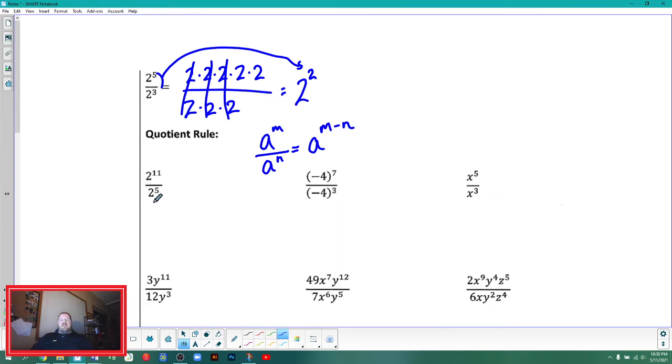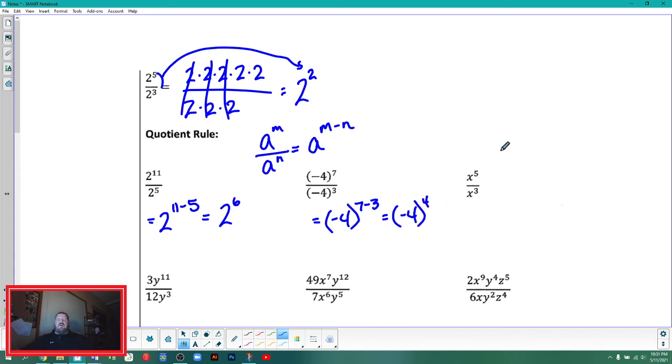So 2 to the 11th over 2 to the 5th is going to be equal to 2 to the 11 minus 5, because the 5 on the bottom are going to cancel with 5 of them on the top, leaving the remainder left over, or 6. 6 of them left over. This one's going to be negative 4 to the 7 minus 3. 7 minus 3 is 4, so we have negative 4 to the 4th power.